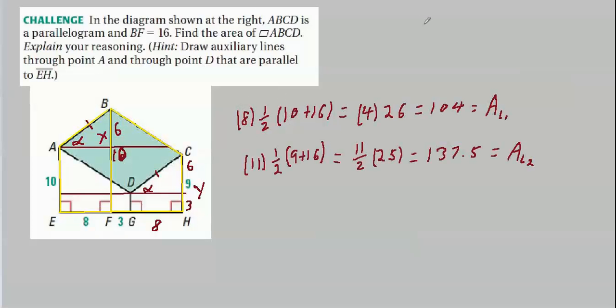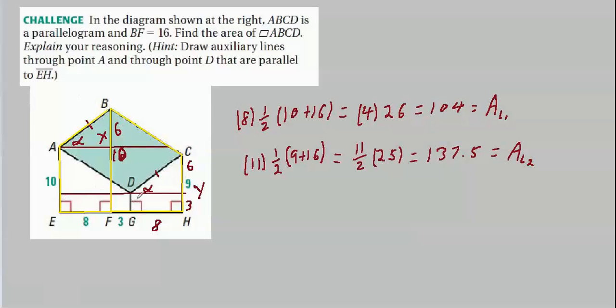Well, now, if I write this out, we get 8, now that's the altitude, times the average of B1 and B2. That works out to be 104, and I labeled that A sub L1. That's large area 1. That's the whole thing right here. When we subtract, I'm going to call this part, the unshaded part, A sub S1 for small area 1, and A sub S2 for small area 2.